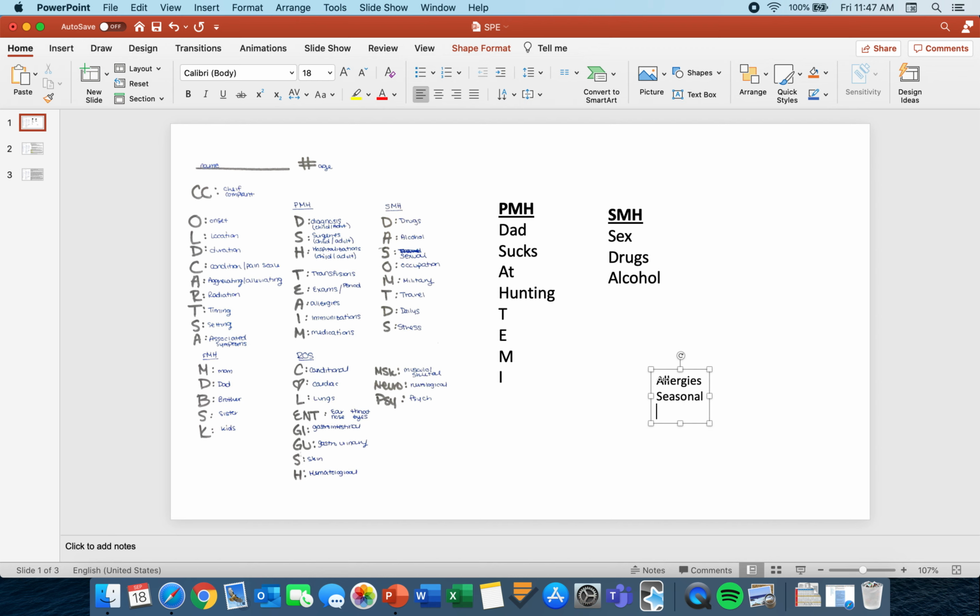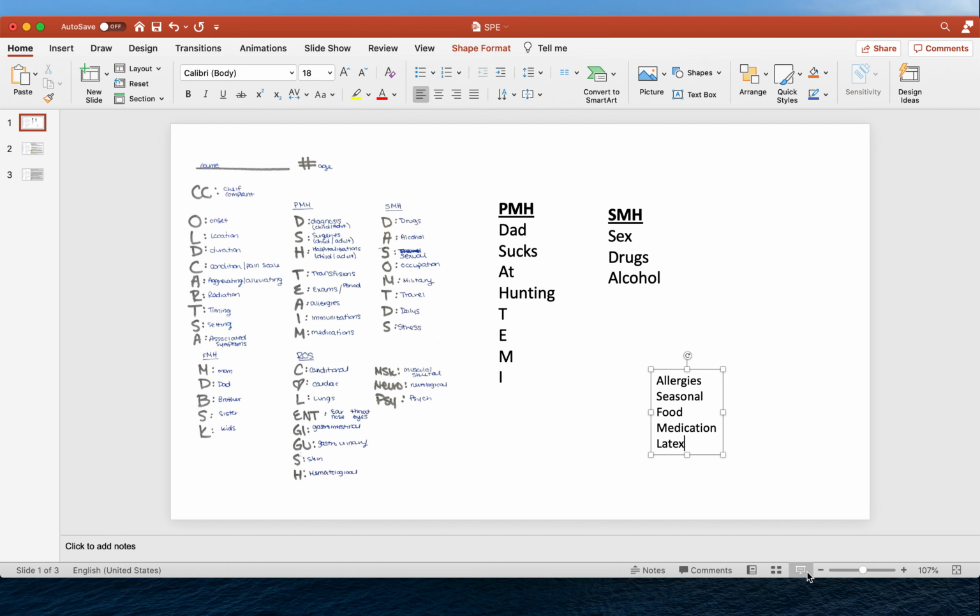You'd want to cover any food allergies, and any medication allergies, such as sulfa medication allergy, which is a common one to watch out for, or possibly a penicillin allergy. So we've got seasonal, food, medication, and then latex allergy. You would want to avoid wearing a latex glove whenever you're examining somebody that has a latex allergy.